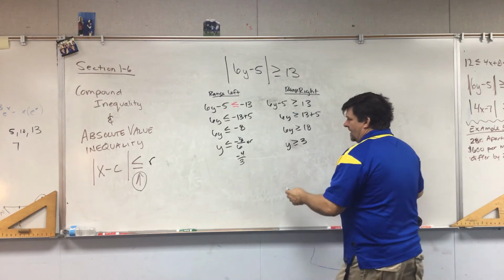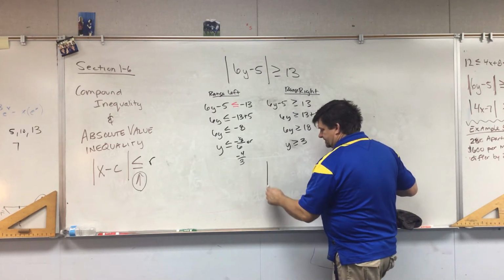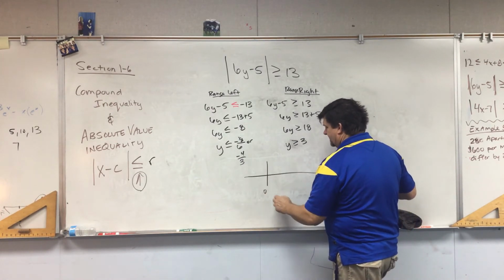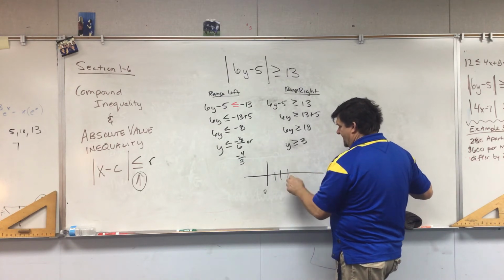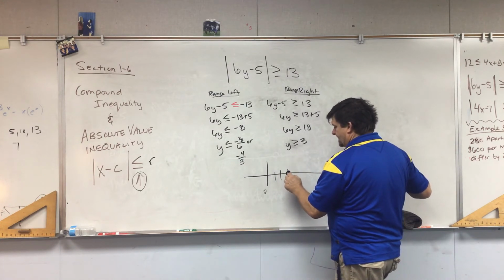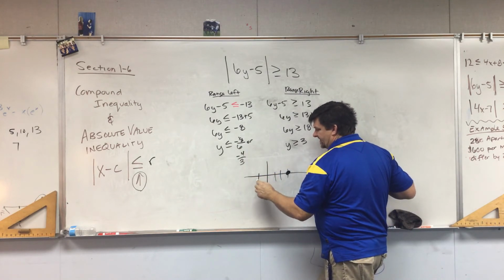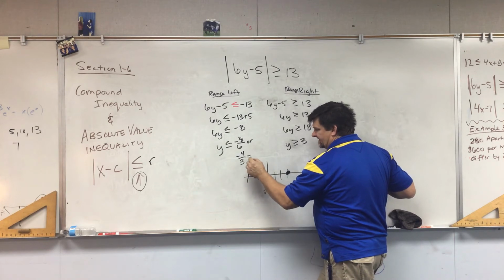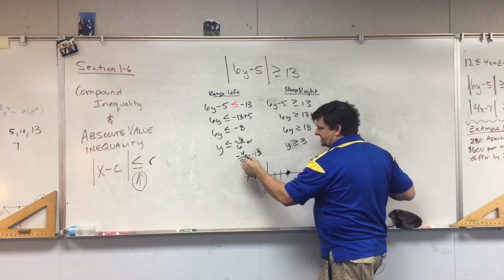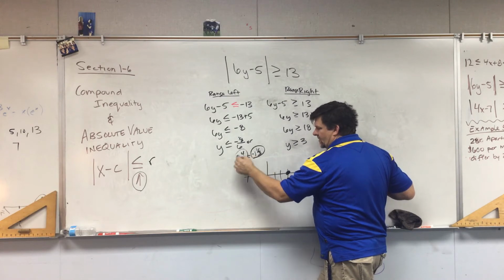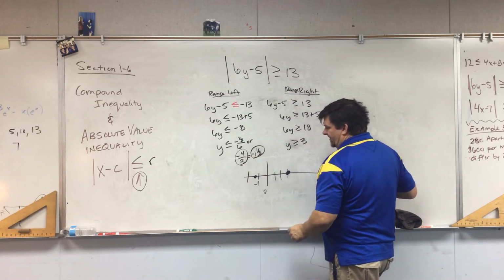So now I draw my number line, put my 0 here, I go over to 3 for my right side. I go over to negative 4/3, which is a little bit bigger than 1, because this is going to be negative 1 and 1/3. 3 goes into 4 one time, I have 1 left over. So either one works, negative 1 and 1/3.